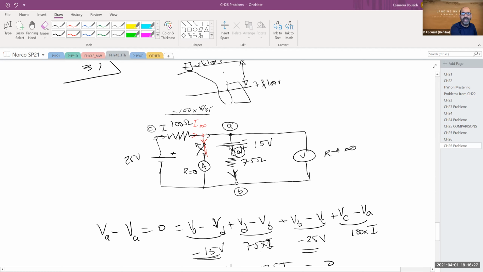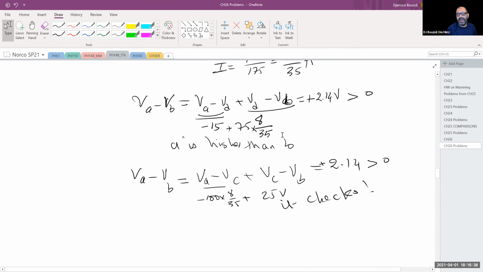So zero resistance will win over. Because there is zero resistance between this point and this point, VAB is equal to 0 now. So in other words, the points A and B will be at the same potential when you close the switch. VA is equal to VB, once S is closed.